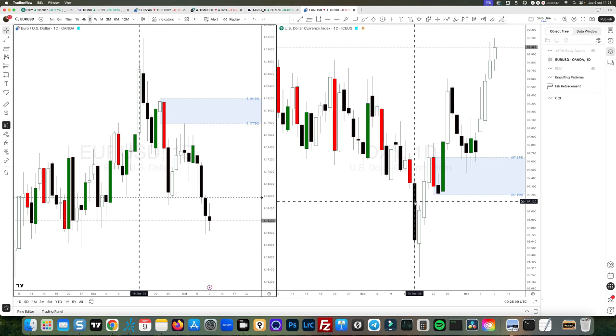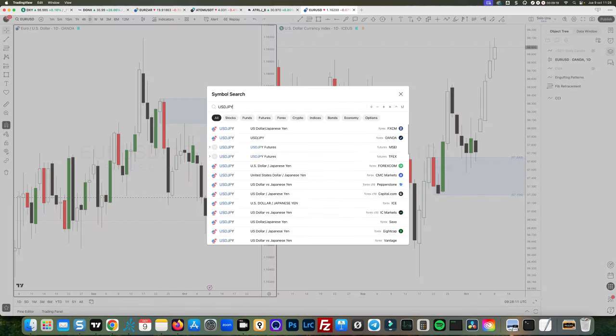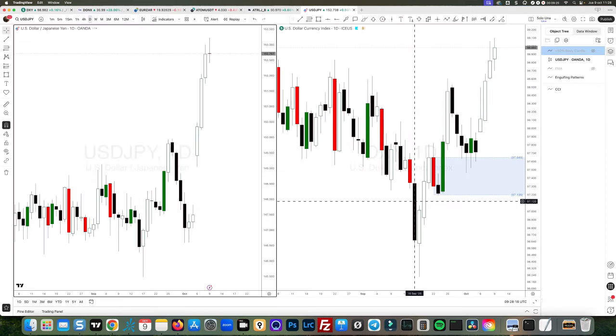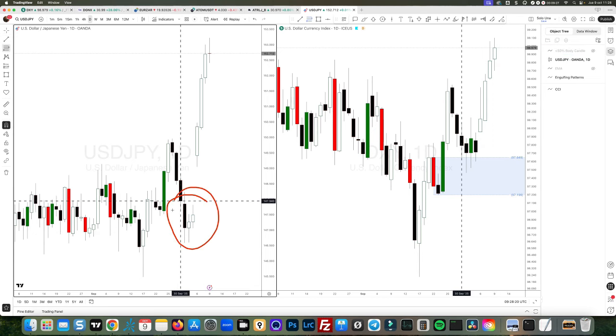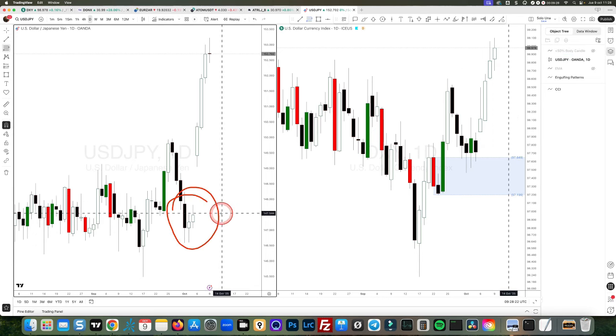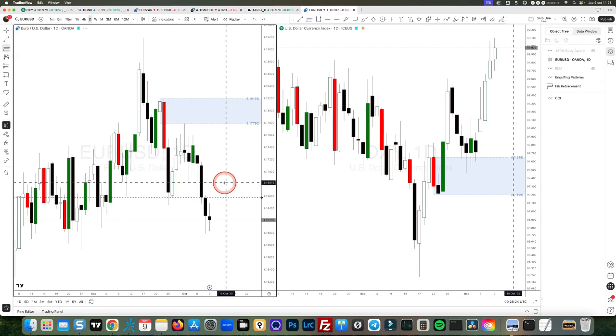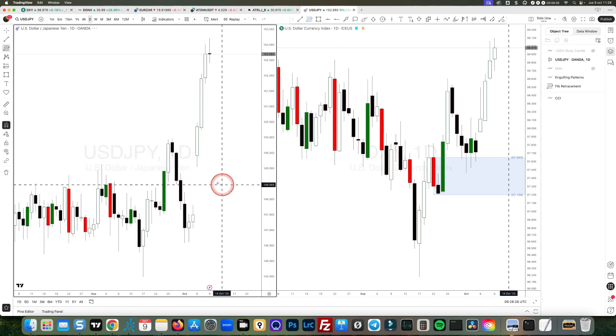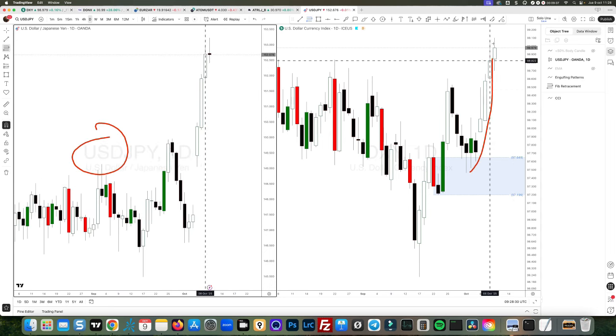On the dollar yen it's even better, because the dollar is getting stronger and the yen is getting very weak, as I explained in the previous video. So that is a double correlation, creating new demand levels.